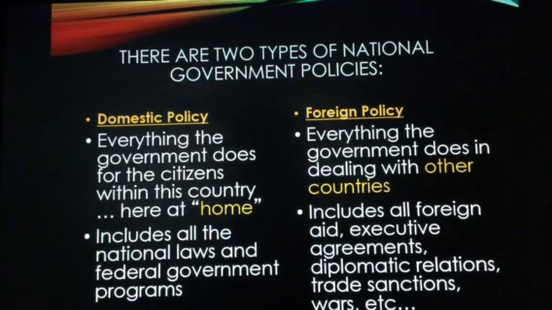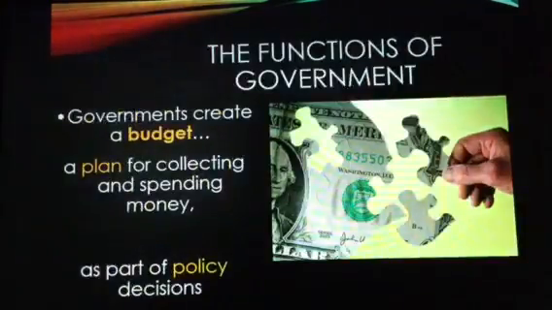Then they have what's called foreign policy. This is a responsibility of the federal government, foreign policy. Everything the government does in dealing with other countries. Foreign aid, executive agreements, diplomatic relations, trade sanctions, wars. We'll be discussing these policies, debating these policies all throughout this course.